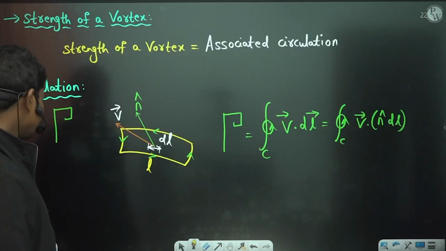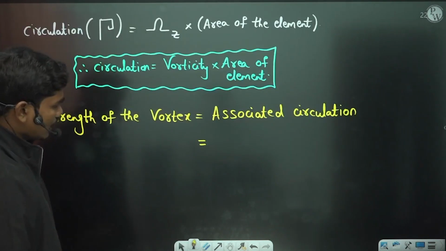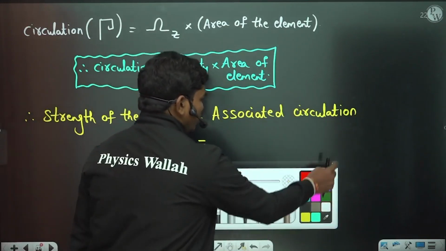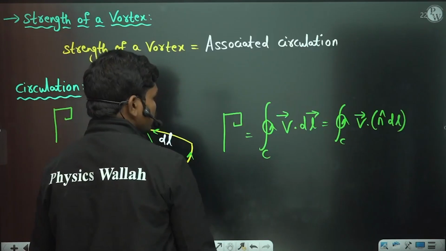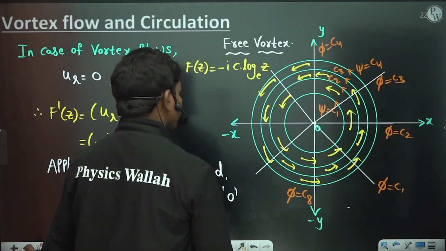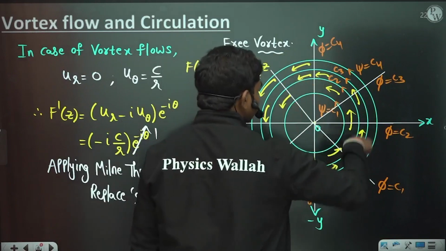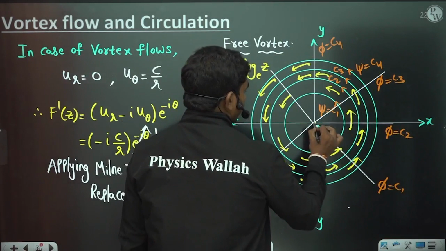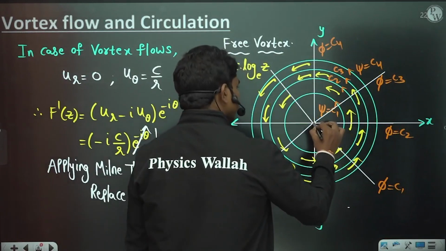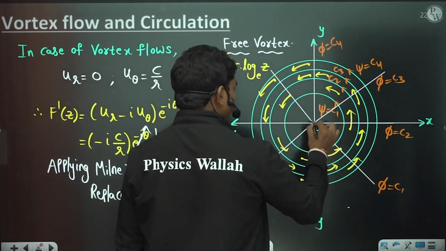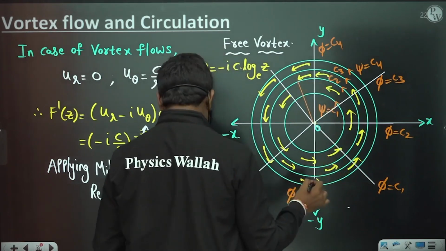If you write omega z, then this omega z value we have seen already. At any given radius, for example, let us say at some radius.